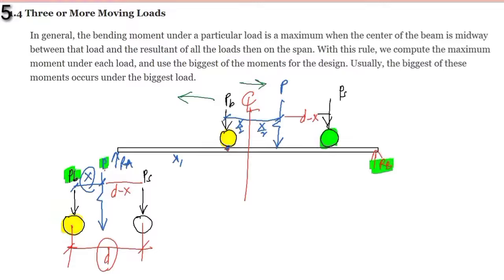What we are talking about here is the position where that larger load here would create the maximum moment. What if we are investigating the moment created by the smaller load?